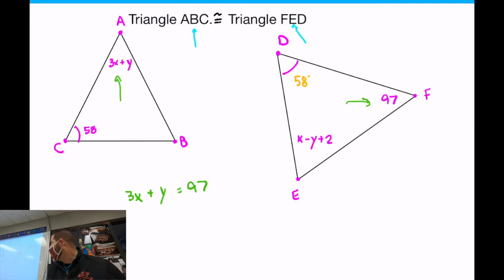They're supposed to be equal to each other. Now, here's the question. I don't have anything printed for angle B. But how do I find it? Or angle E, I guess, in this case. How do I find that angle? What can I do? How do I find the number for angle E?